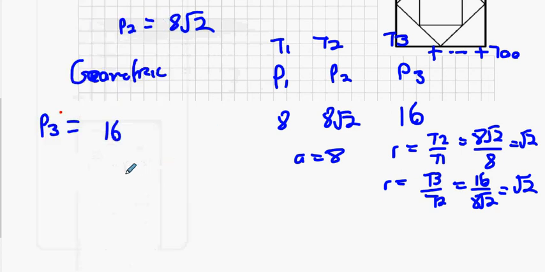Right? So we need S infinity, which is T1 plus T2 plus dot dot dot all of T infinity.